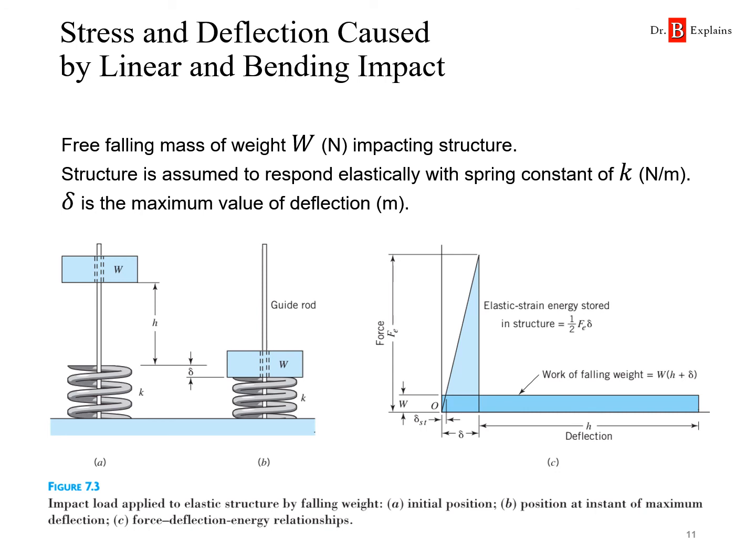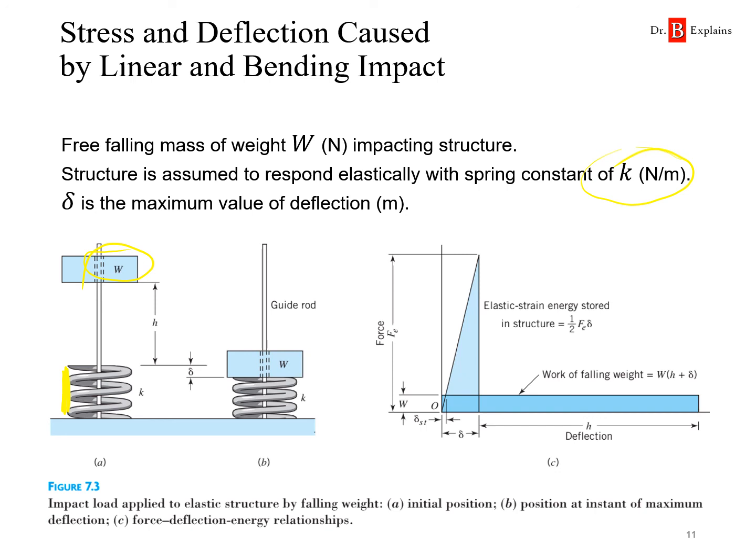So for the case of direct impact loading, we're going to model it like so. Let's say we have a free falling mass of weight W over here that is going to impact the structure. In this case, the structure is going to be modeled by the spring. The structure is assumed to respond elastically with a spring constant of K, in units of Newton per meter or pounds per inch.